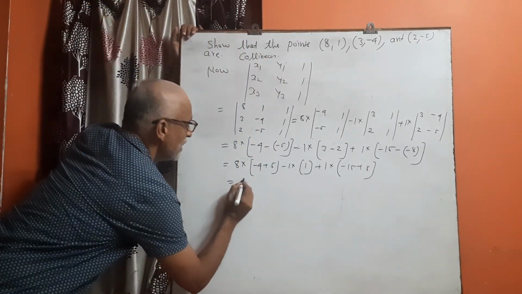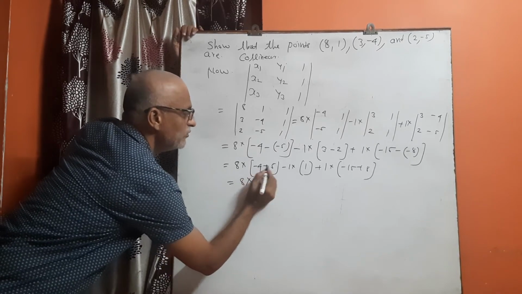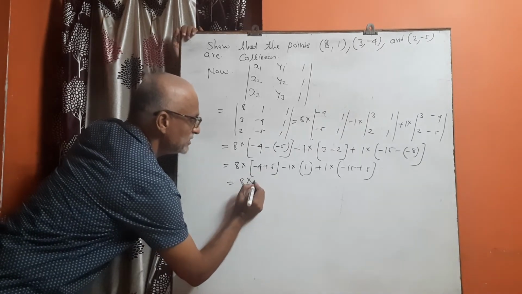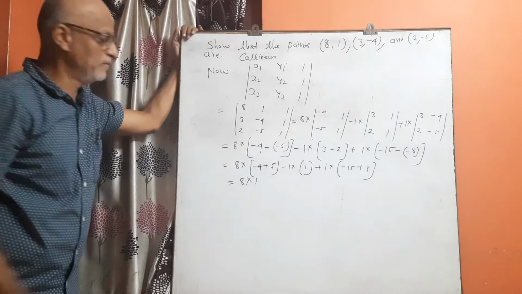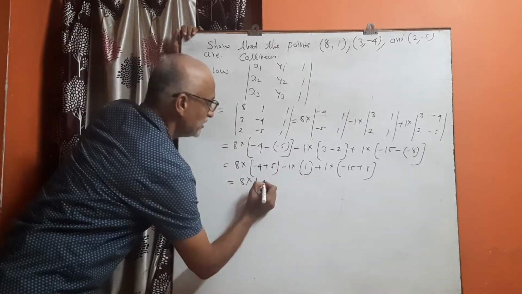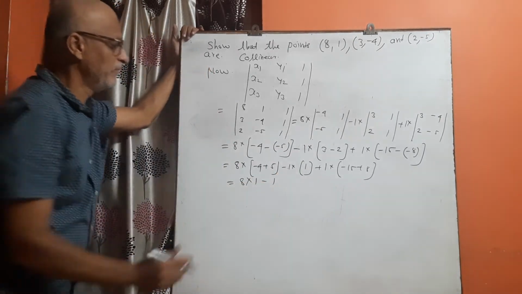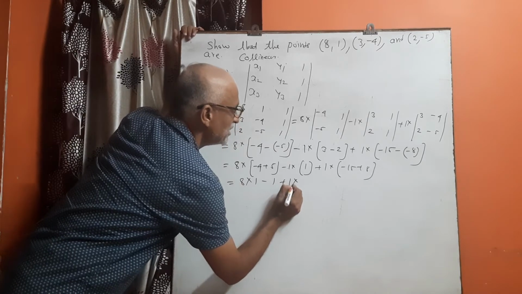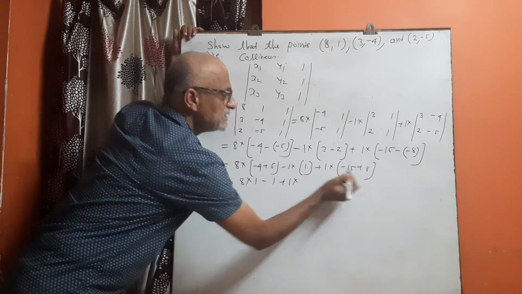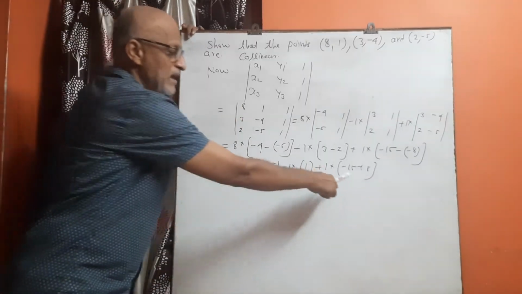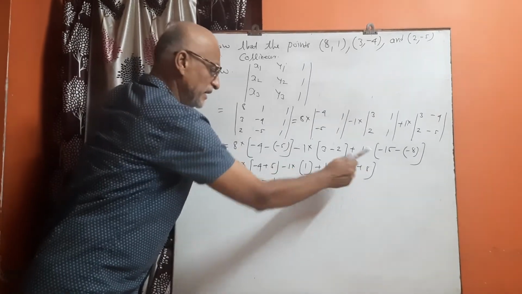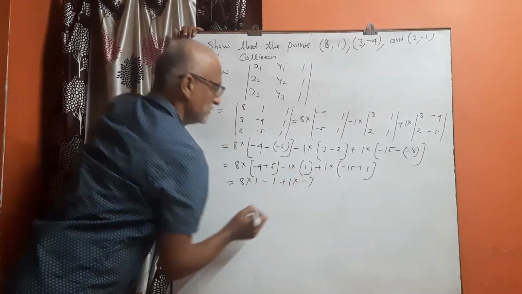So 8 into -4 plus 5, that is 1, minus 1 into 1, that is minus 1, plus 1 into -15 plus 8, that is -7.